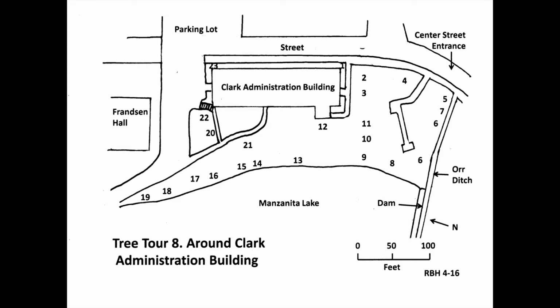Proceed north along the lakeshore to see the next few trees. The tree at number 13 is Eastern Cottonwood, scientific name Populus deltoides, also planted in 1911, which is native to eastern North America. This tree is fast growing and provides both shade and windbreak to farms and towns in the Midwest.